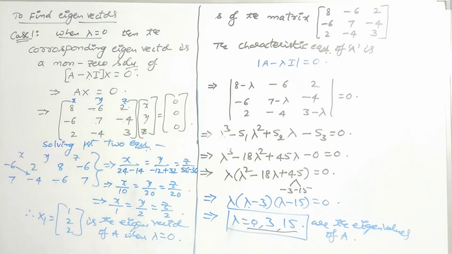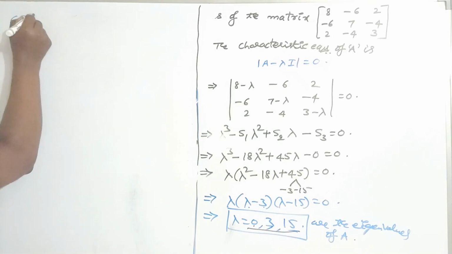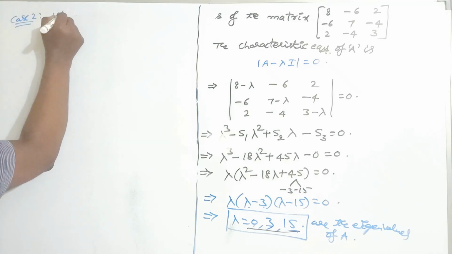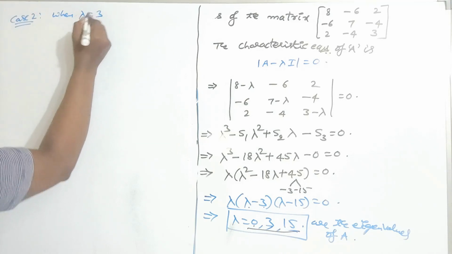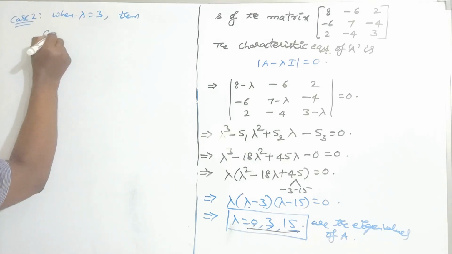Similarly, we have to find out the eigenvector when lambda is equal to 3 and the eigenvector when lambda is equal to 15. So, write case 2. When the eigenvalue is 3, then consider the system. What is the homogeneous system here?